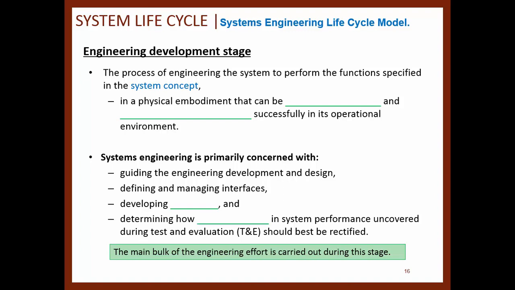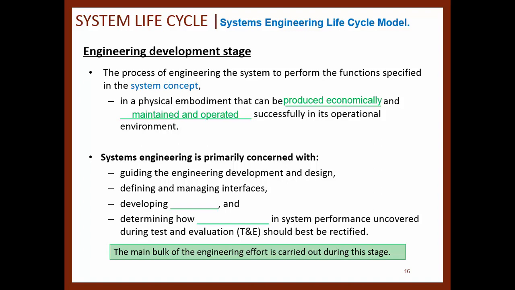Okay. So the second is the process, the engineering development stage, the process of engineering the system to perform the function specified in the system concept in a physical environment that can be produced economically and maintained and operated successfully in its operational environment.